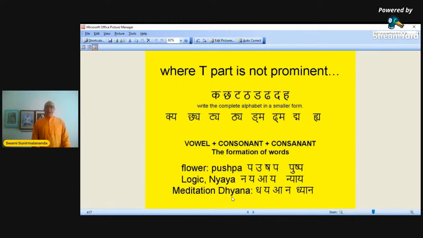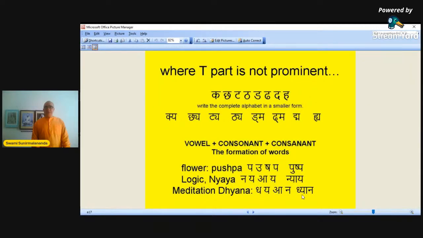Meditation is dhyana. First, sound it properly for yourself. Dhyana. What are the letters there? Divide them: dha, ya, na. One vowel and three consonants. Now two consonants need to be combined because it is dhya. The ya should become one. How to write that?